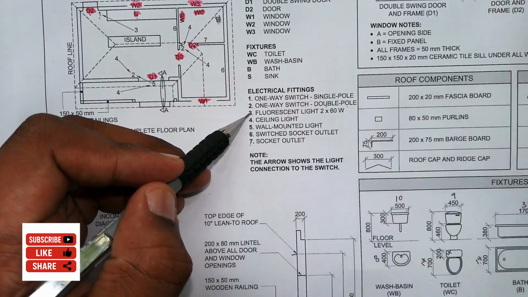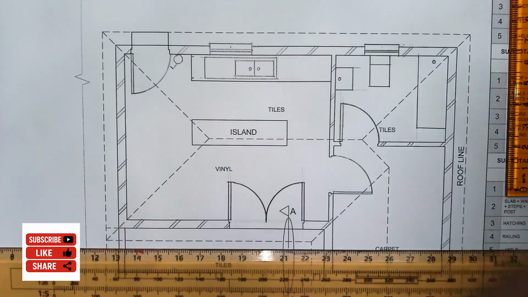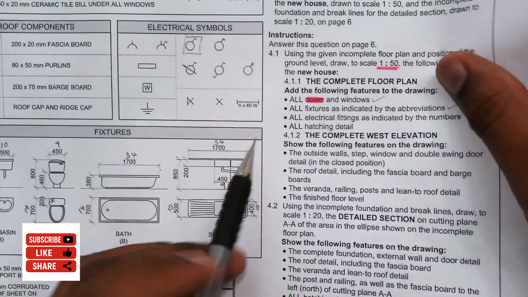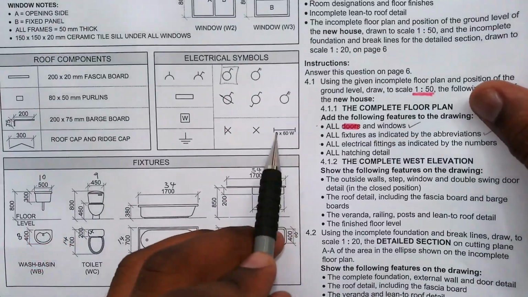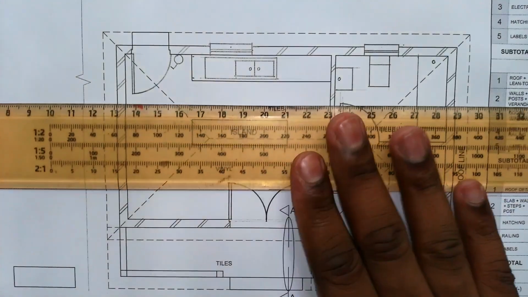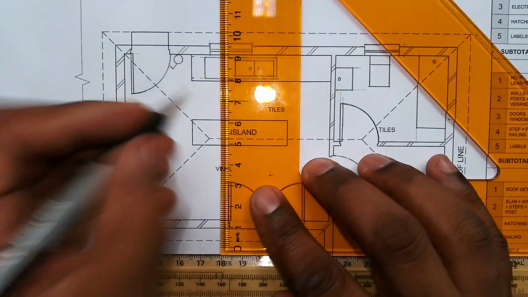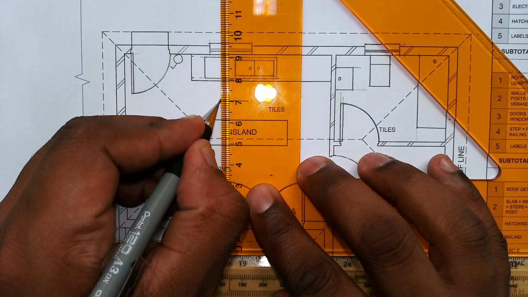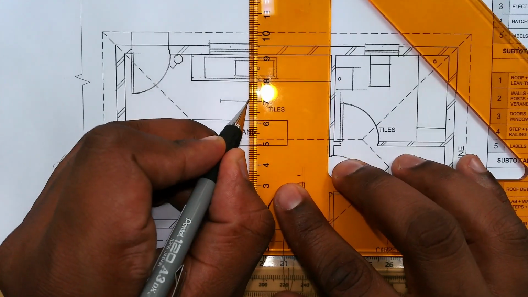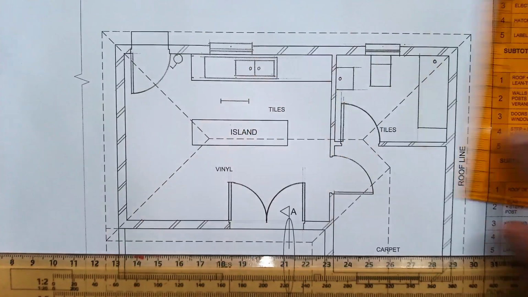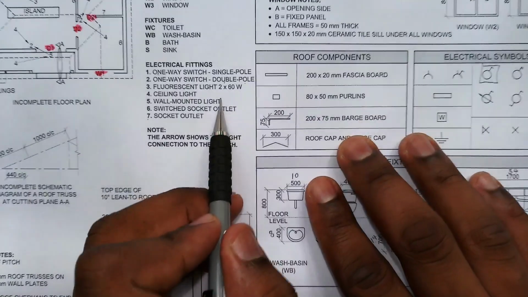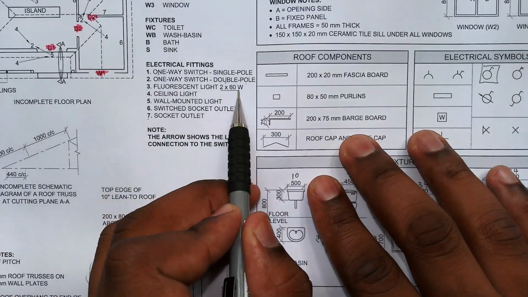The fluorescent light symbol is this one here. So I'll draw a straight line there, and then I'll draw those 2 end lines at an angle of 90 like that. And if you check there, it's 2 by 60 watts.